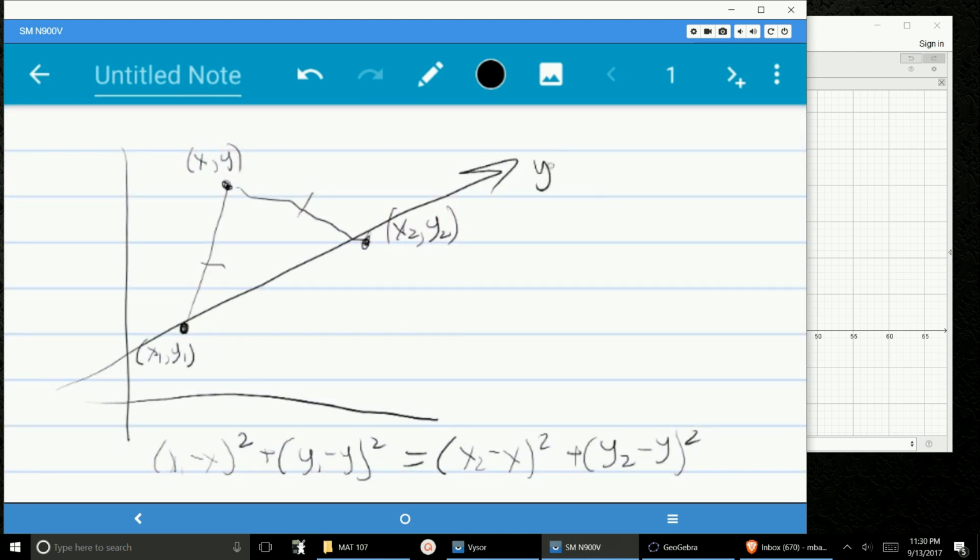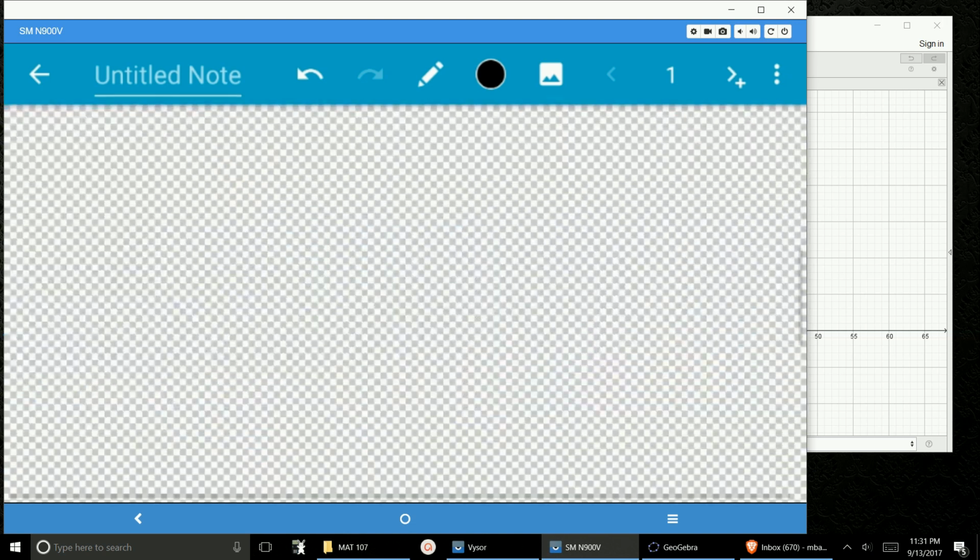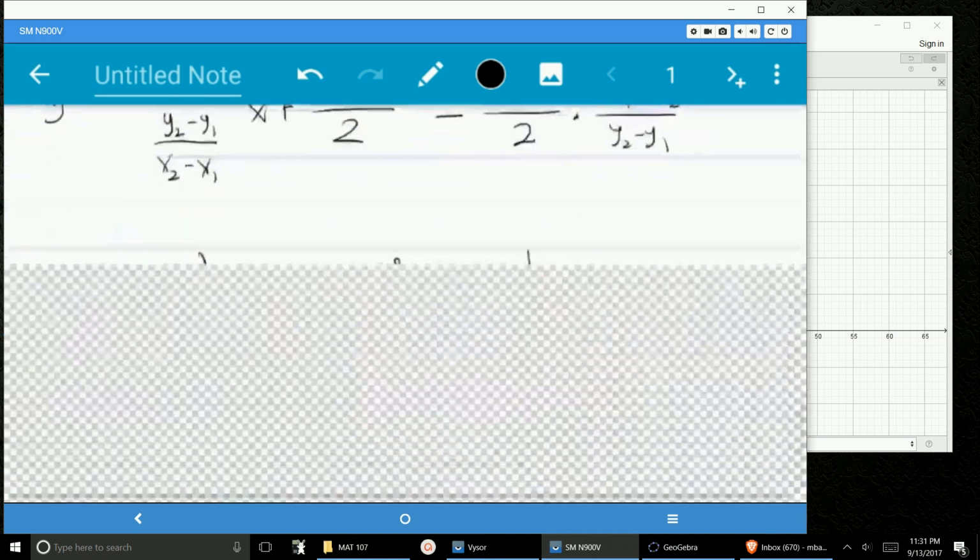This is y equals mx plus b. The m comes from the slope formula. It's y2 minus y1 over x2 minus x1. That's what the m is for the slope formula. Right? So that thing is negative 1 over m.